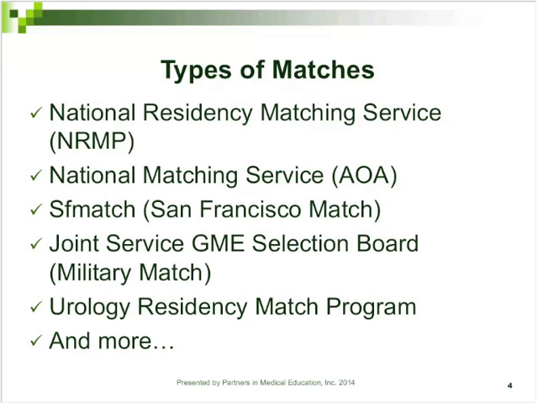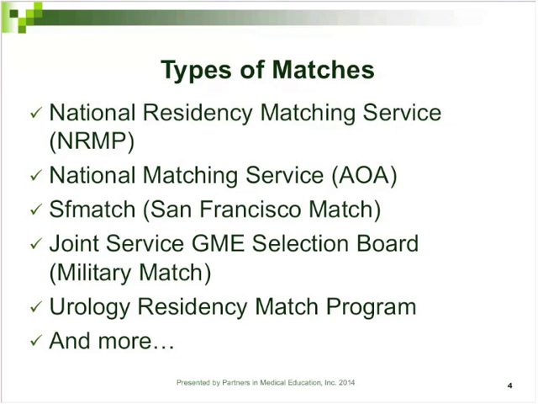The National Residency Matching Service, or more commonly known as the NRMP, is what is considered the main match and what is typically referred to as, quote, the match, unquote. The NRMP system is used by the majority of residencies and fellowships and is really considered the premier matching service for GME programs.